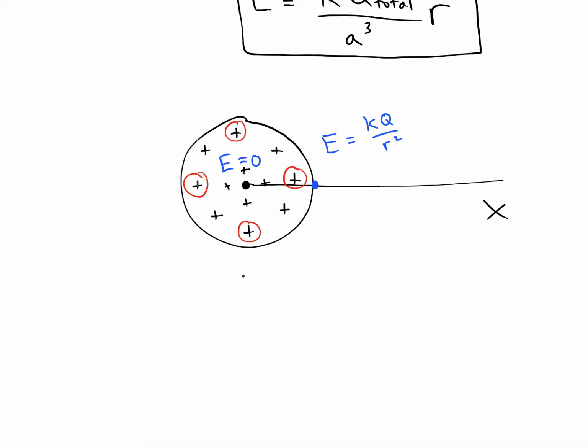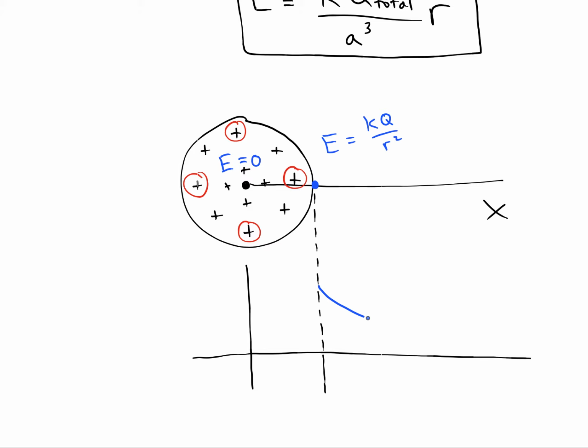If I make a graph of what the electric field is like, this is an important boundary. This is an important point because anywhere beyond that boundary, our field has the formula of kq over r squared, where r is the distance from center.